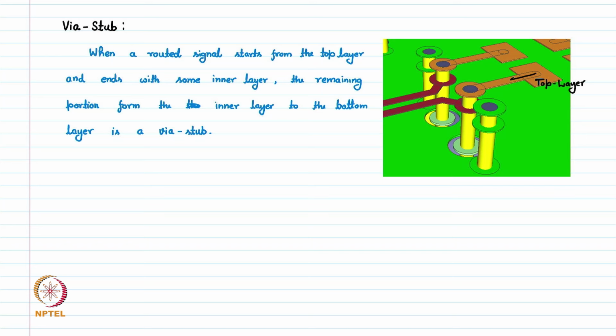From the top layer the signal is going this direction, and because of many constraints we want to take this signal into some other layer. For example, in between we have layer 2 and layer 3. So from the top layer we want to take this signal into another layer, let's say layer 1.